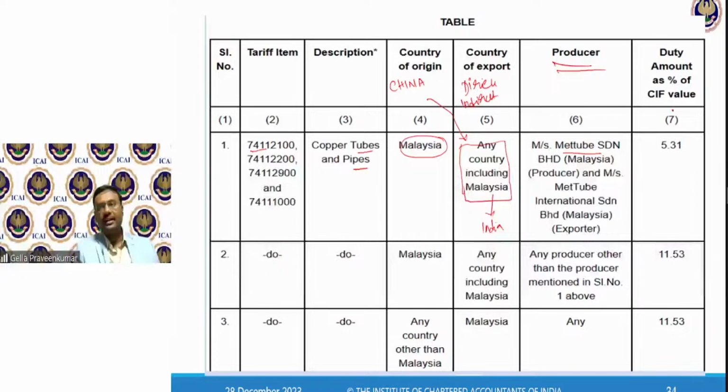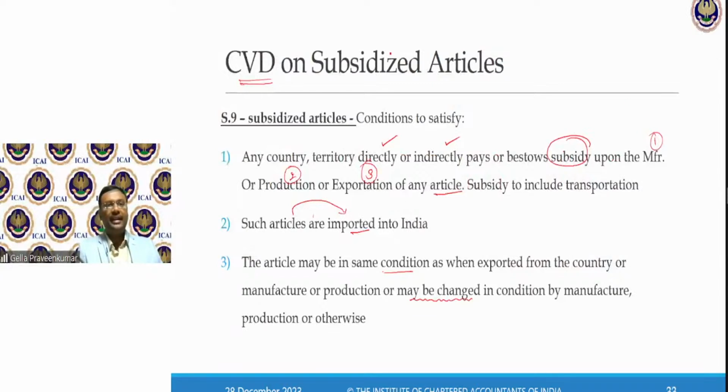The rate of customs duty, that is your countervailing duty, is 5.31% of CIF value. Now, please understand, this one slide I'm showing you is by virtue of a notification. How is it possible to levy this subsidy or to examine this particular subsidy?